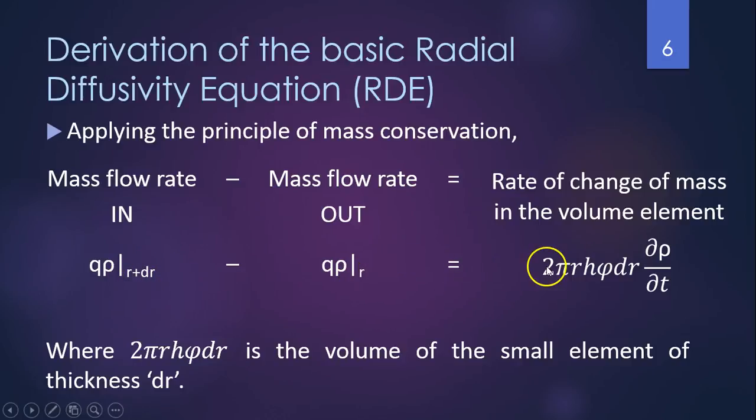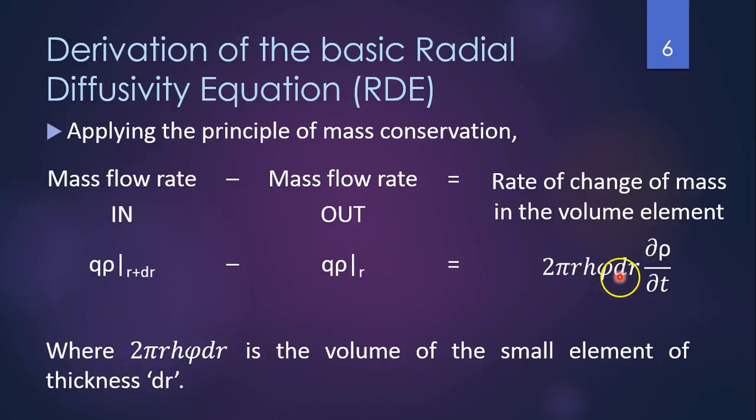is equal to 2πrh, the circular cross-sectional surface area, times φ. When we multiply 2πrh by φ and dr, it becomes the pore volume, since 2πrh dr is the volume of the radial cell, the volume element.